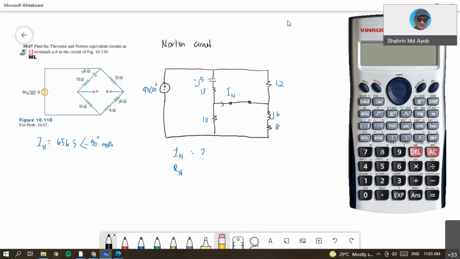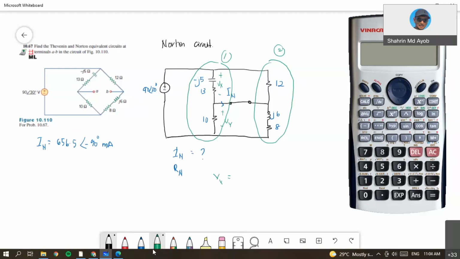In the previous class, what we did is actually select this, the first branch, and then this is the second branch. For example, this one is Vx and this one is Vy. So I just used the voltage division technique.